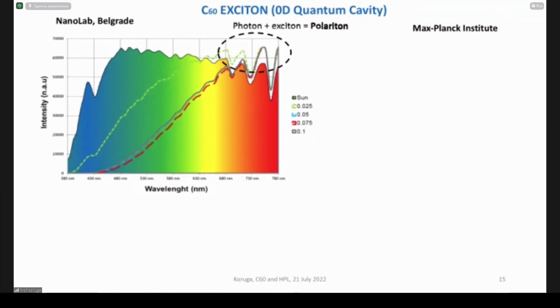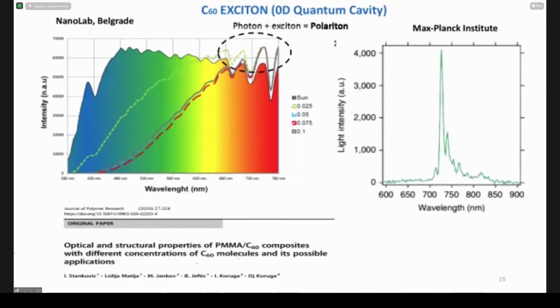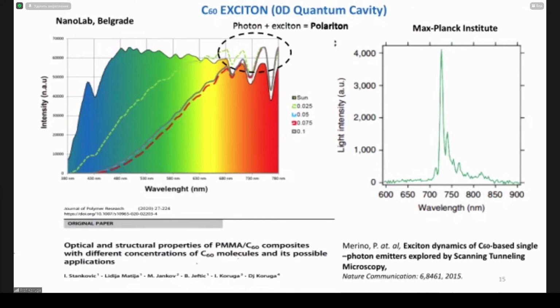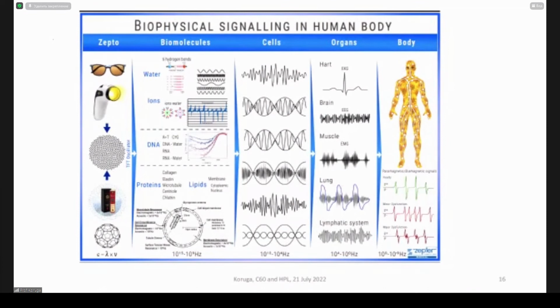And when we found that, we published the paper, but also people at the Max Planck Institute experimentally found out the existence of the exciton of the C60 molecule.